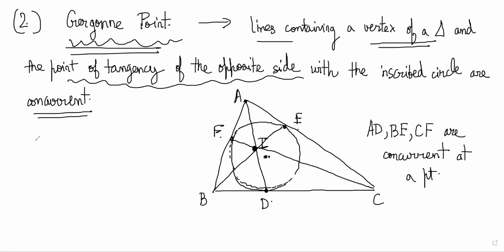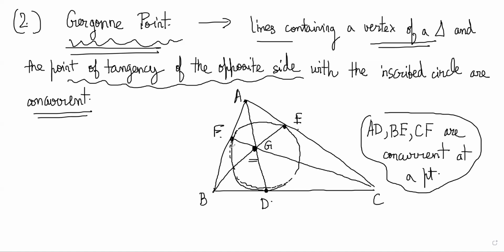We can call that point the Gergonne point, and I will just label this. So these are my Cevians. This point is G. I have to prove that these lines are concurrent, right? So in order to prove concurrency here by Ceva's theorem, what do I have to prove?